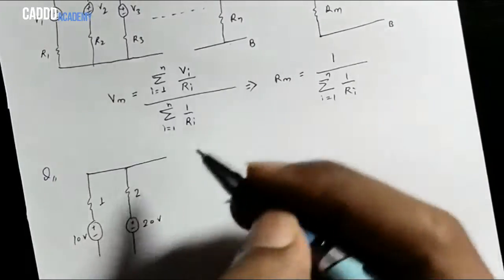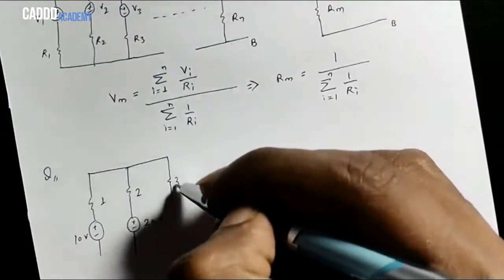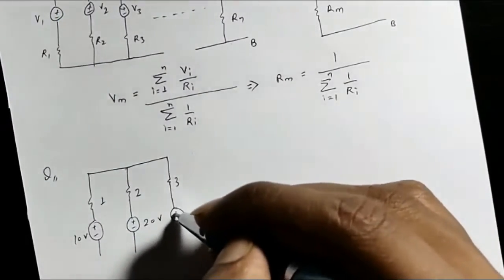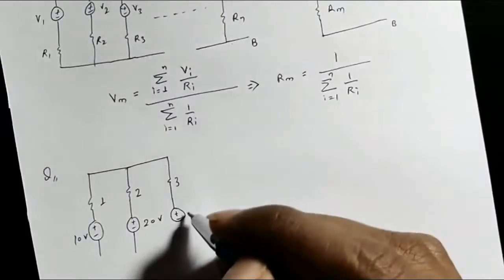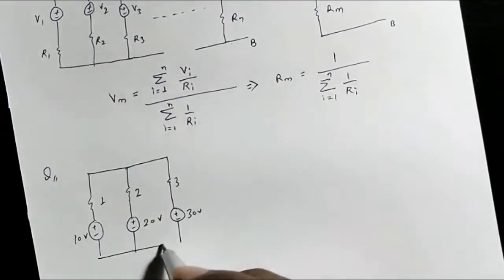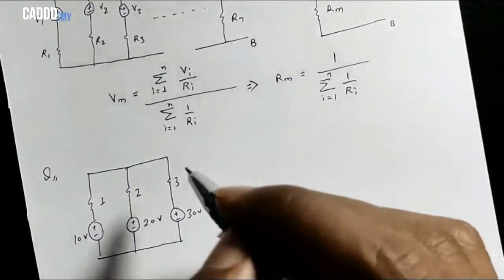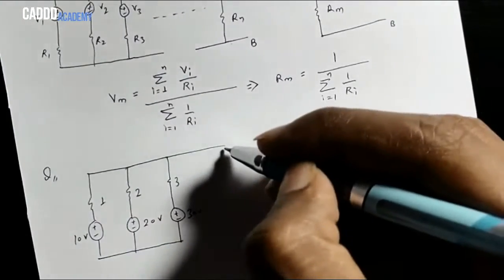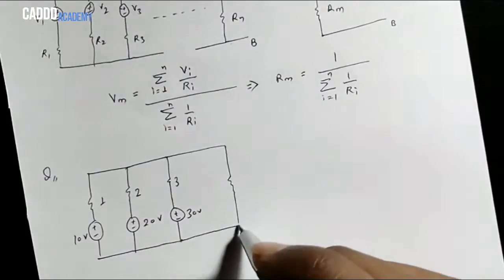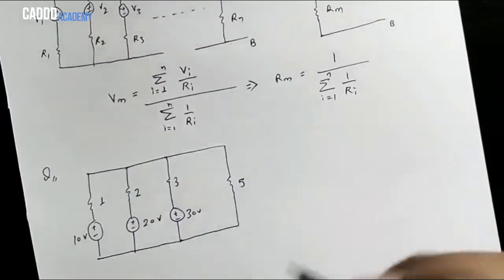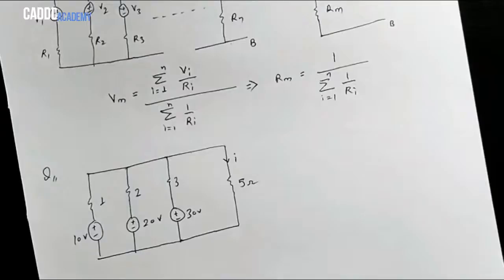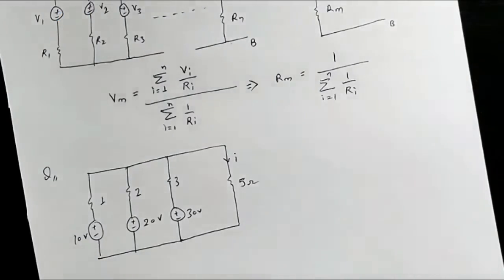After that we have 3 ohms resistance and a 30 volt voltage source. And we have another branch which has only a 5 ohm resistance, like this. We have to calculate this current I which is flowing through the 5 ohm branch.